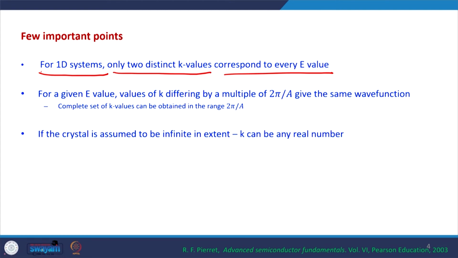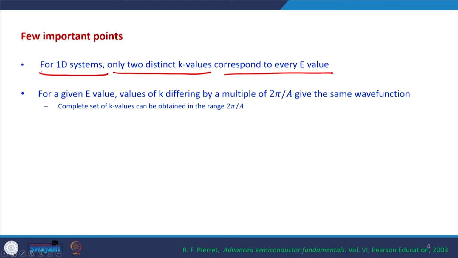Second is, if the period of the potential profile is capital A, then the values of k which differ by a multiple of 2 pi by A essentially give the same wave function for the electrons.